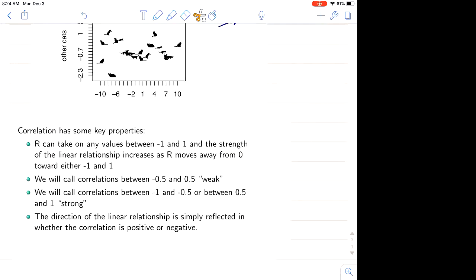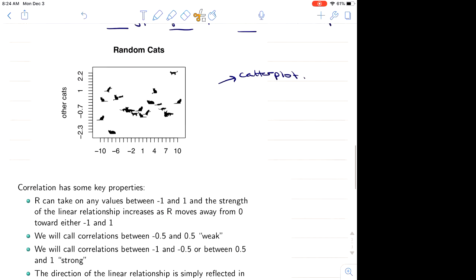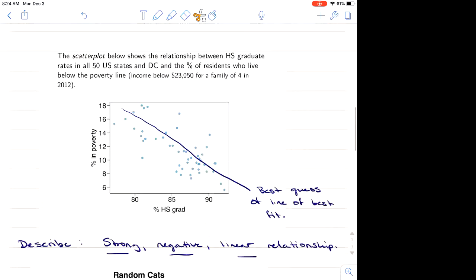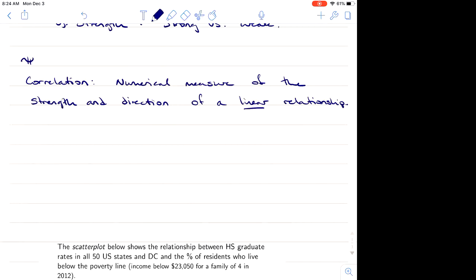So we'll just talk about these key properties of correlation. Okay, so correlation is denoted by lowercase r or capital R. For some reason, the textbook uses capital R, but I'm stuck because almost every other field uses lowercase r.